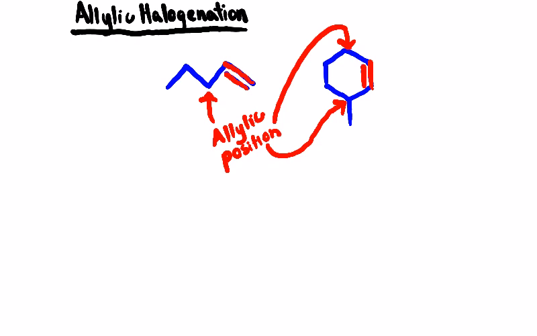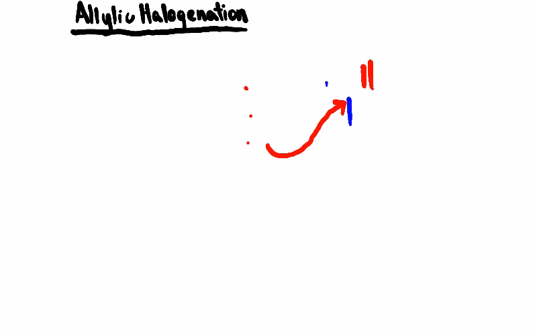And so let's look at an example of an allylic halogenation reaction where we're going to work with the allylic position. So the example that we'll target here is we're going to give, for example, and we'll go through the full mechanism for this reaction.